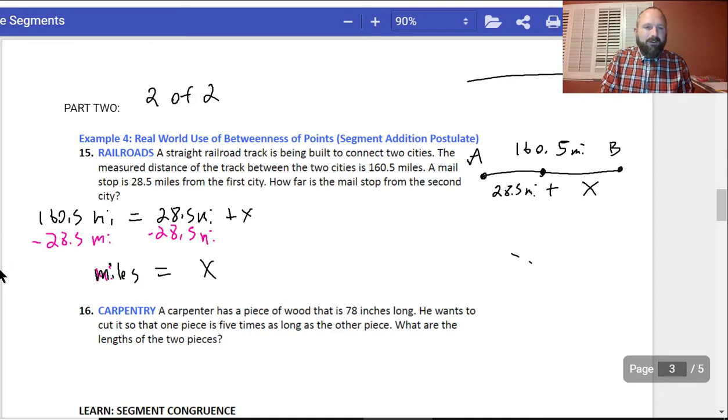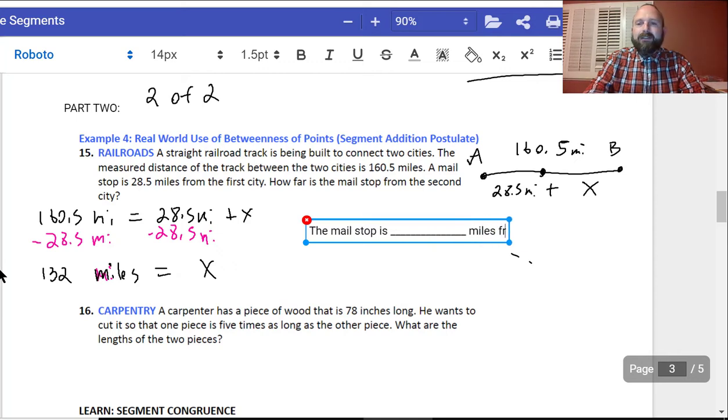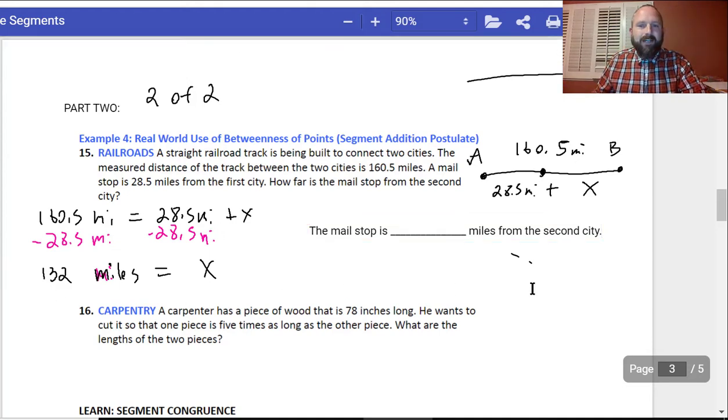That's about 30, so 130, 132. If it is a sentence question, we should have a sentence answer. The mail stop is blank miles from the second city. Go ahead and fill our answer out. For those of you who ask how you can have the answer, well, we just solved it. It's 132. All right, let's go on.